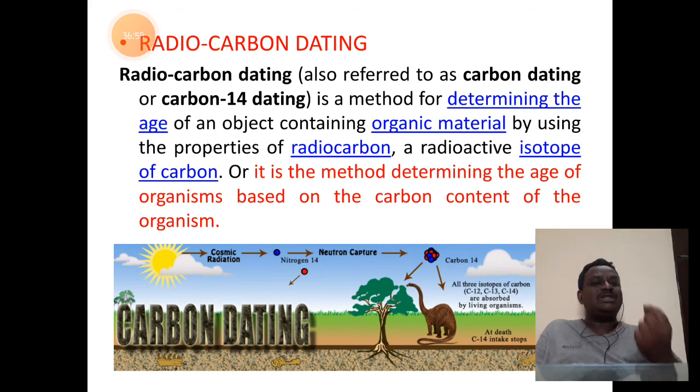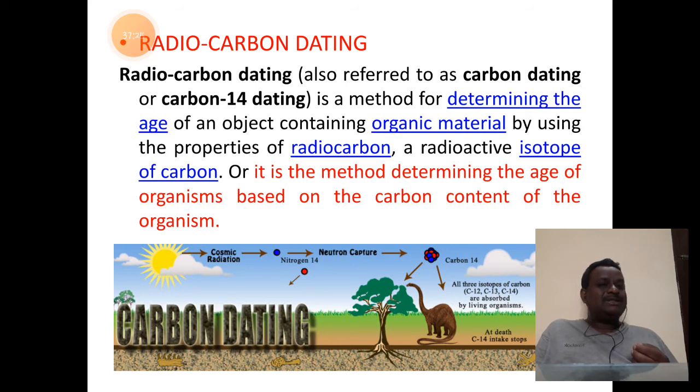It is a method to determine the age of objects that contain organic material. Organic material mainly consists of carbon, hydrogen, and oxygen, so carbon forms a basic element. If this basic element is present in that particular fossil, then we can easily detect the age of that particular animal or organism.